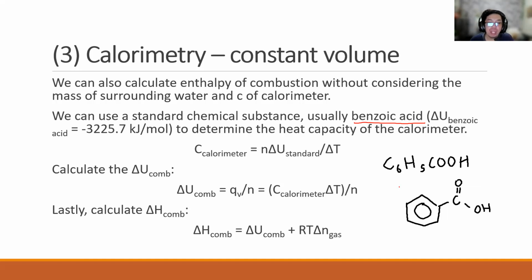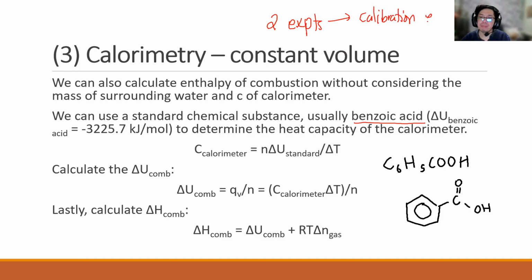So, when you have problems like this with a standard substance, it means you'll have data sets or two experiments. You usually have two experiments here, Josh. The first one will be the calibration experiment.